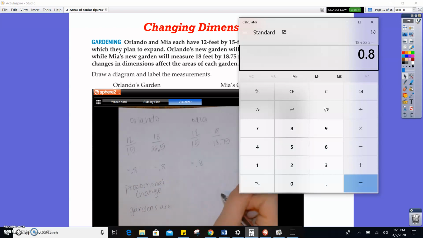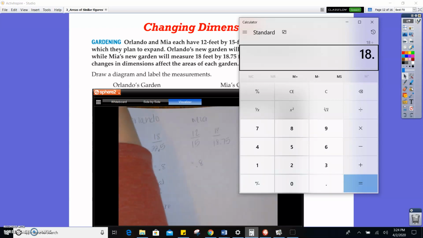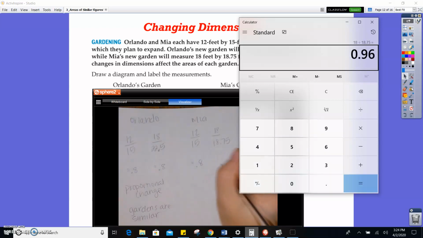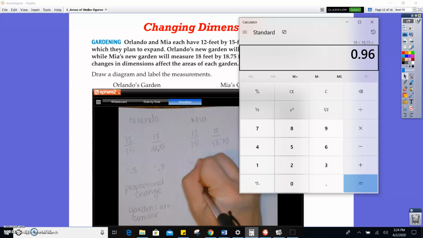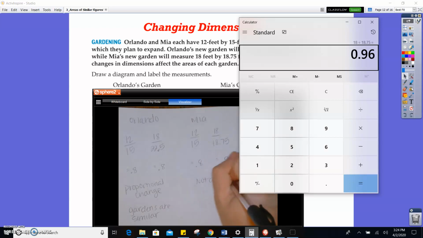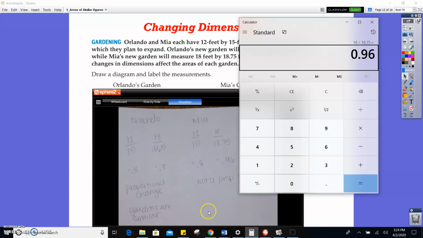So I'm kind of thinking that Mia's are not going to be proportional, but we need to still prove it with our math. So we'll take 18 and divide it by 18.75 to get a value of 0.96. Now, since these ratios are not equivalent, that means that it was not a proportional change, which means the two gardens are not similar.